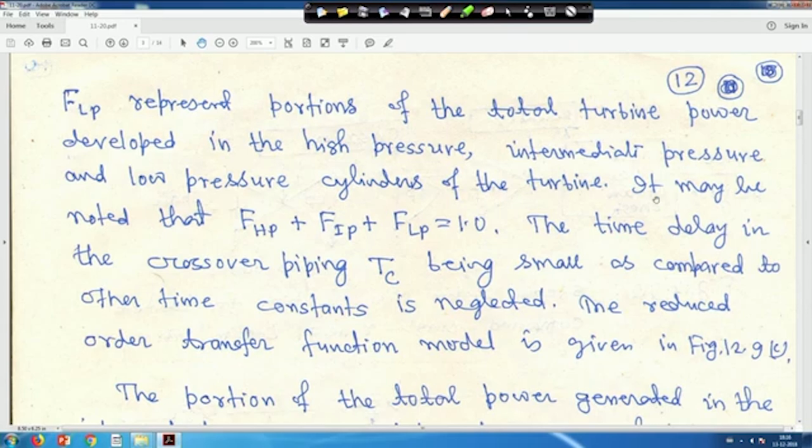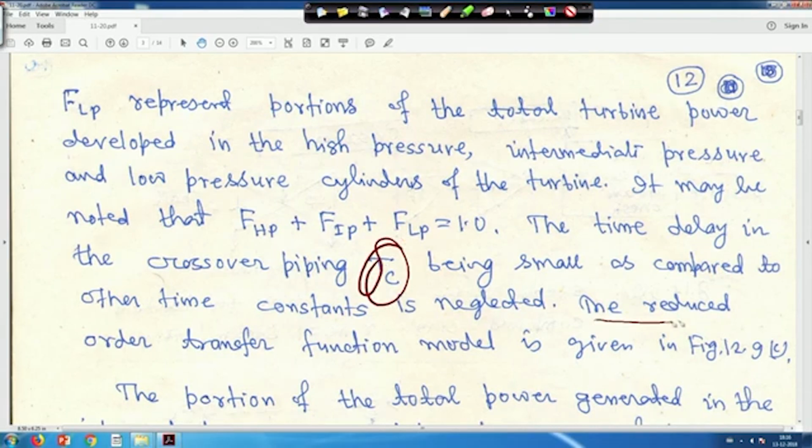So, it may be noted that FHP, I told you, plus FIP plus FLP is equal to 1.0, right. So, high pressure, intermediate pressure and low pressure. The time delay in the crossover piping TC, I told you, being very small as compared to the other time constants, is neglected. So, TC is neglected, we will not consider TC, we will simplify it, right.